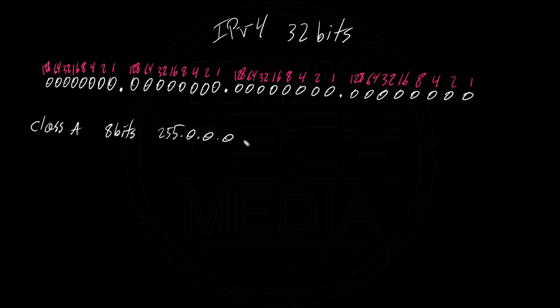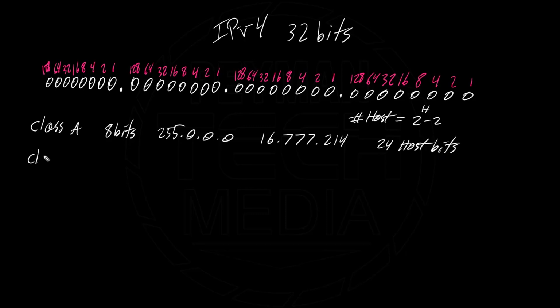For every network, we can have up to 16,777,214 available IP addresses. We talked about the number of hosts being 2 to the power of host bits minus 2. So for class A, we have 8 network bits, therefore it gives us 24 host bits.